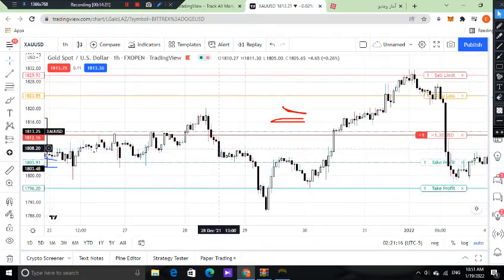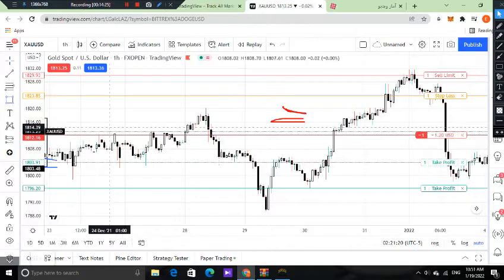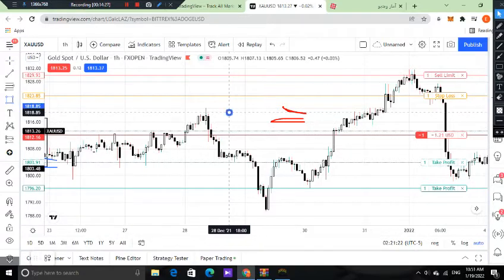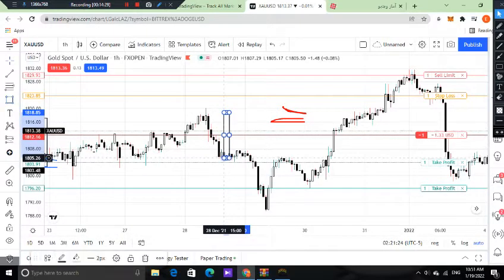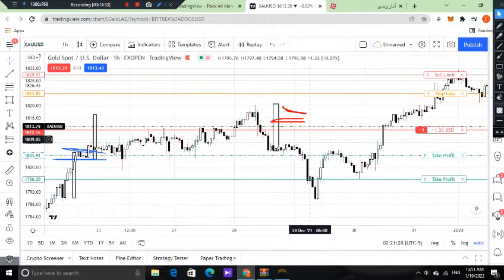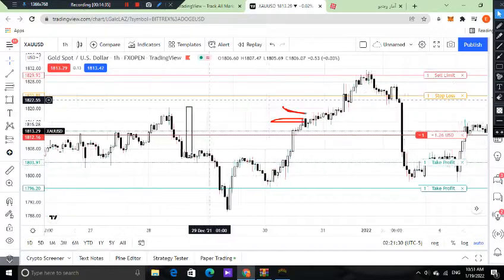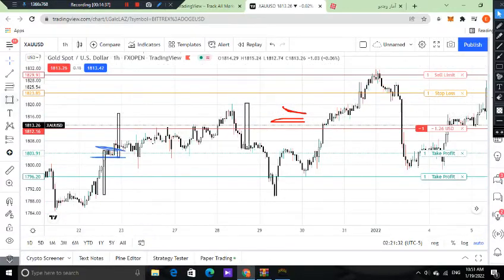What about this? I think this one is a flag, and as you might realize, so far we have two kinds of flags, like other patterns.